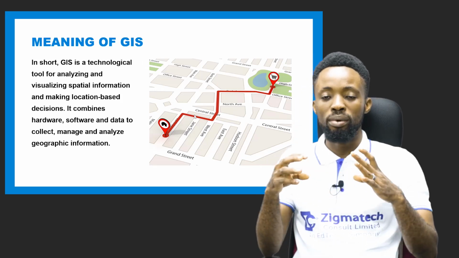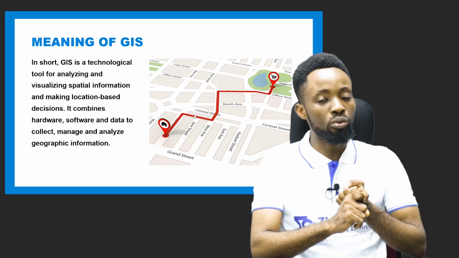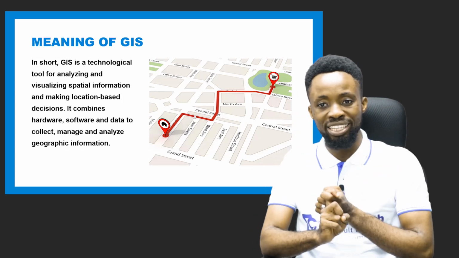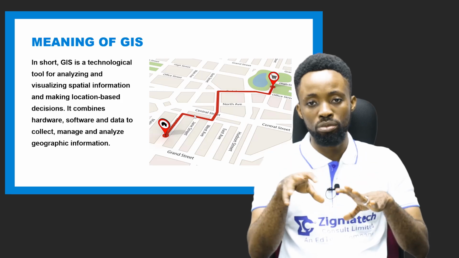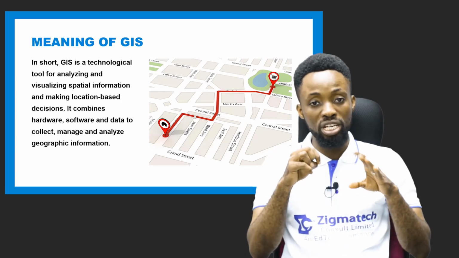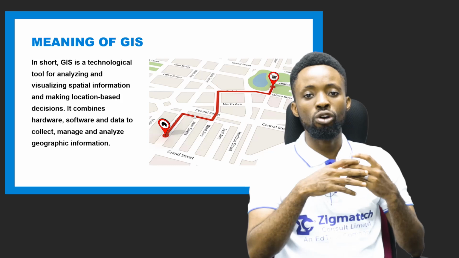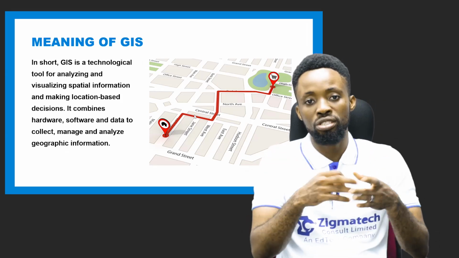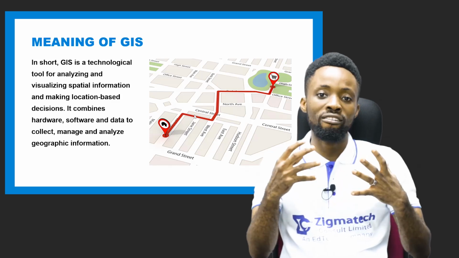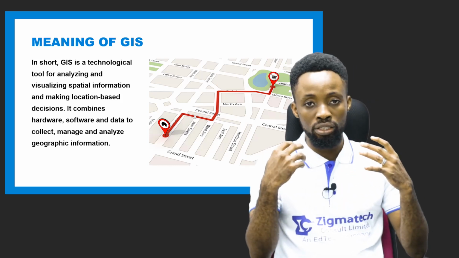GIS combines hardware, software and data to collect, manage, and analyze geographic information. Without GIS in place, it would be very difficult to get information about places on the Earth's surface, or places all around the world, the globe.